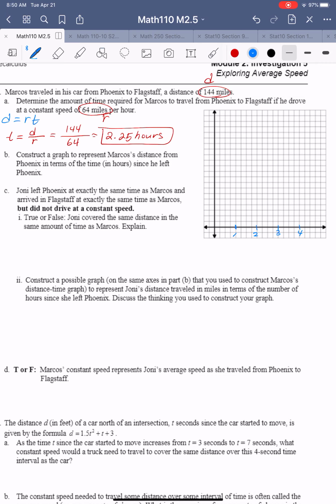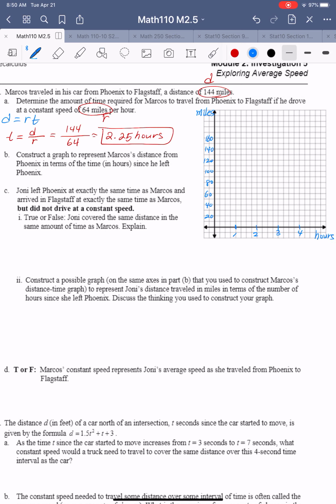Okay. And then on the other side, each one is 10 miles: 10, 20, 40, 60, 80, 100, 120, 140, 160. Okay, I think that'll be enough. So this is miles, this is distance, and this is the hours.